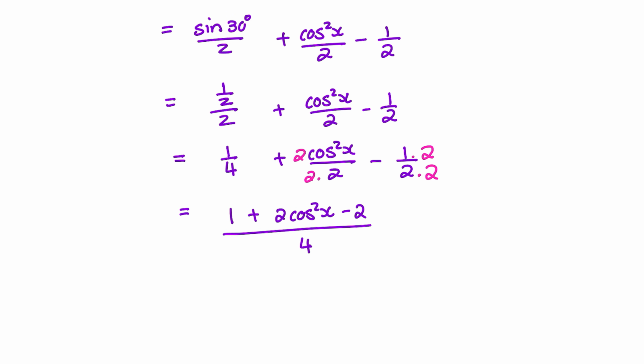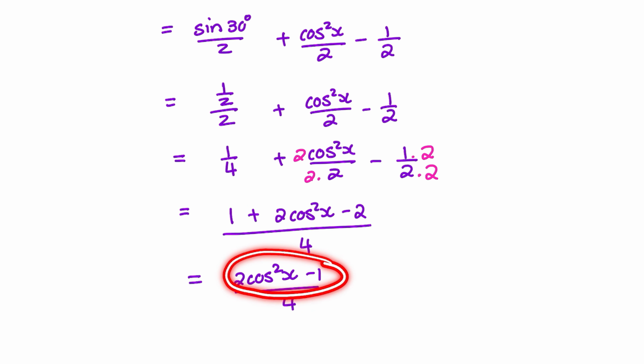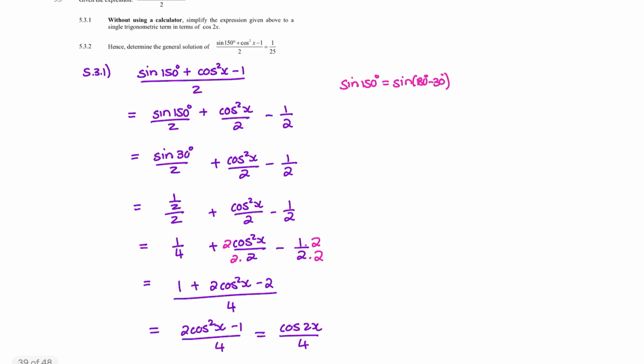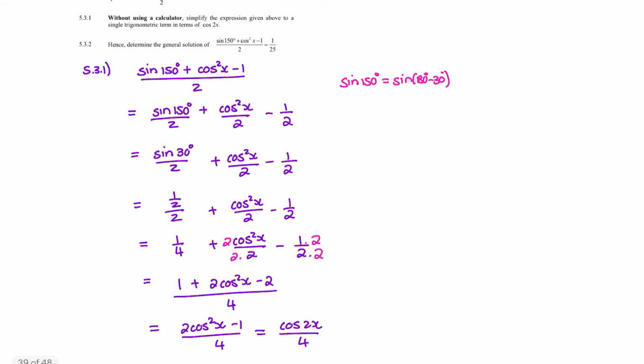And if I add like terms together, I have 2 cos squared x minus 1 over 4. And from the formula sheet, we know that 2 cos squared x minus 1 is equal to cos 2x, and we divide that by 4. So can you see that the question said in terms of cos 2x, and my final result has cos 2x in it.